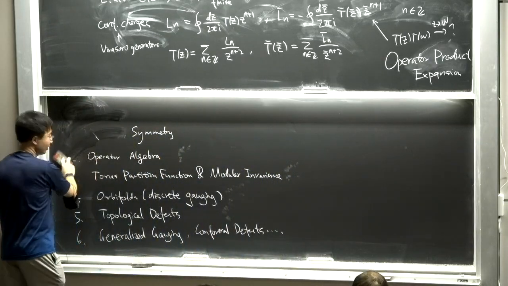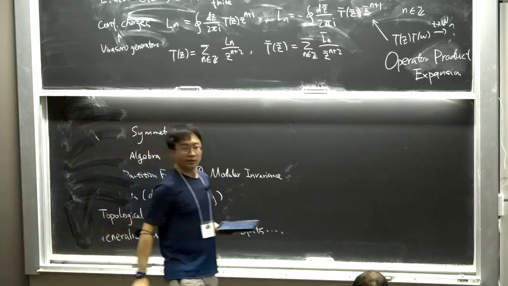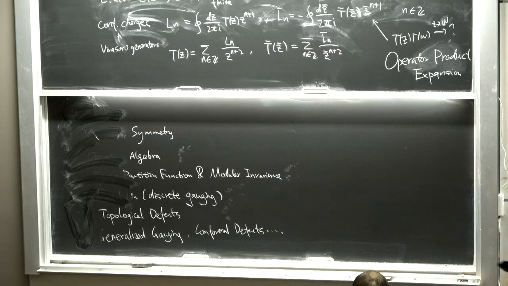There's a question? Is the associativity of the OPE also a fact that follows from this? That doesn't come from here, but we'll comment on it later. That's a consequence of locality.